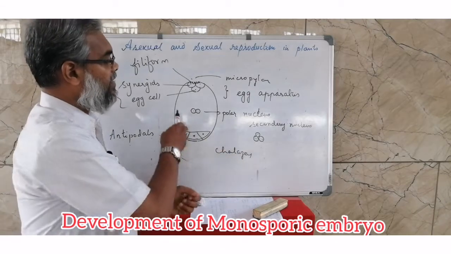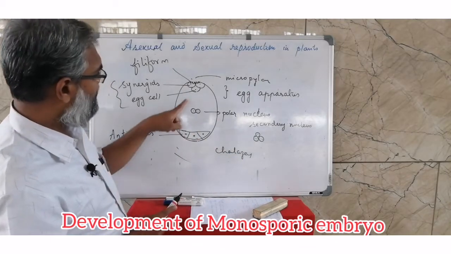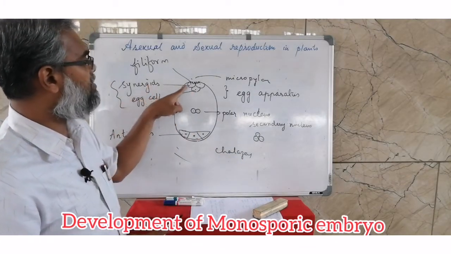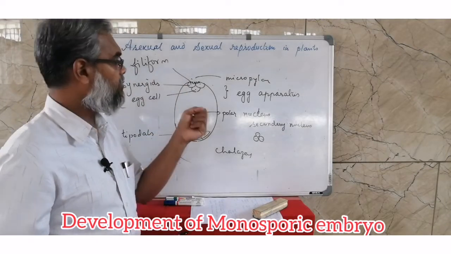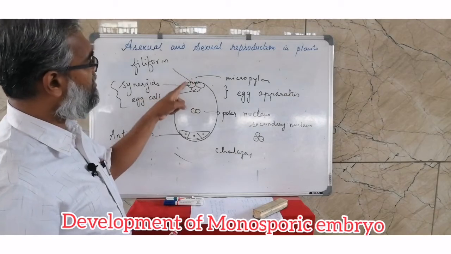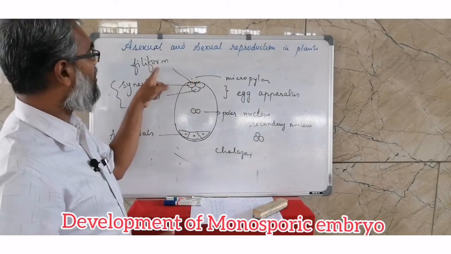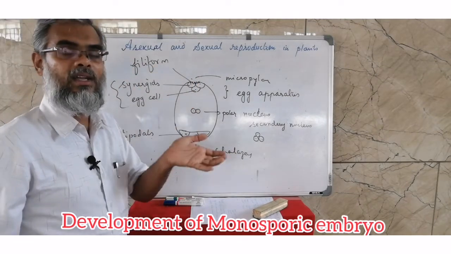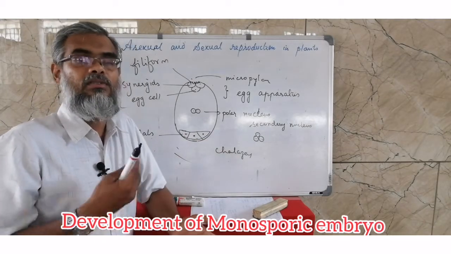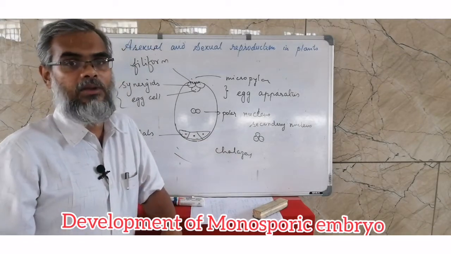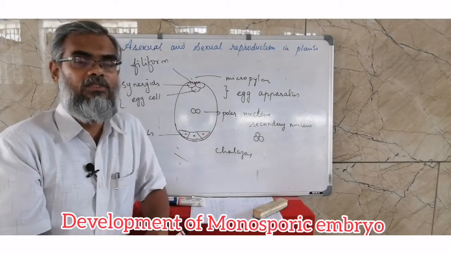Near the synergids, they secrete chemical substances for the attraction of the pollen tube, and there is a cellular thickening called the filiform apparatus, used for absorption and conduction of nutrition from the nucellus to the embryo sac. This is the structure of the embryo sac.